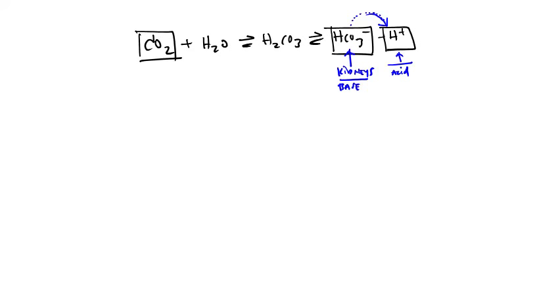And if there are too many protons hanging around, then what's called the bicarbonate buffering system kicks into gear and is able to shuttle an excess proton through this equation to the left and make either CO2 or water.